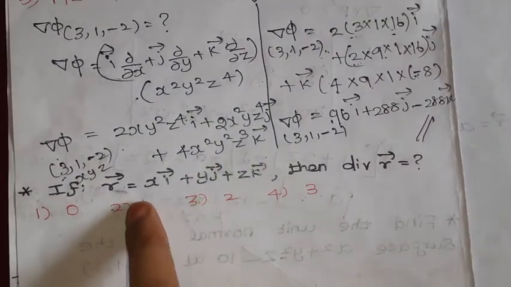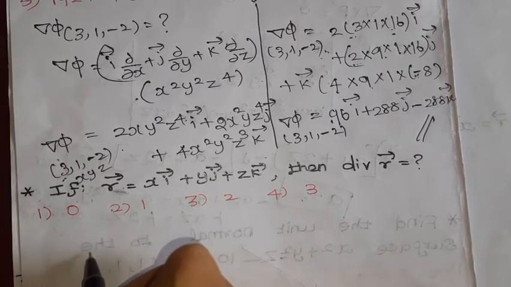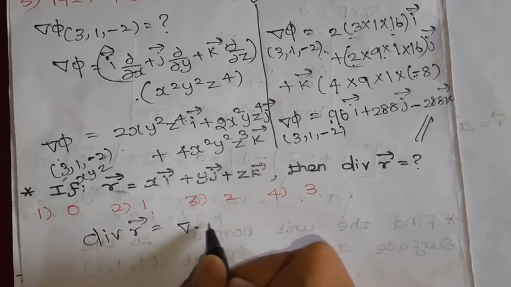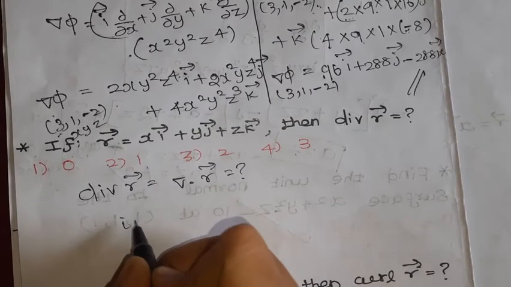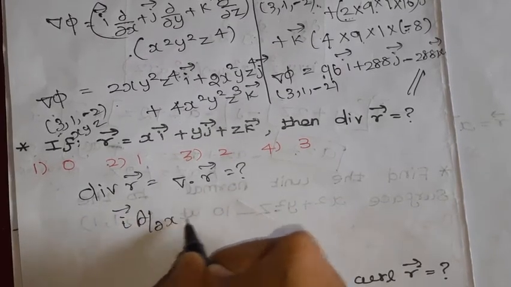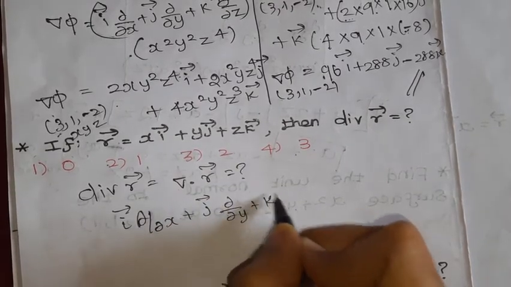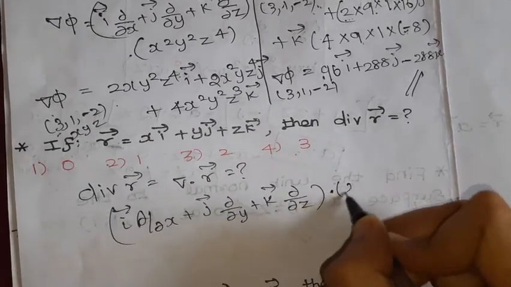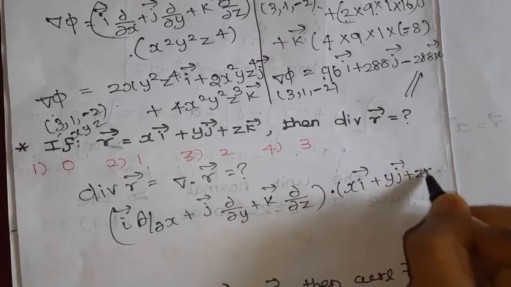R vector is given as xi plus yj plus zk, then the divergence of R. Divergence of R is equal to del dot R. Same thing we need to find out. So del is i into dou by dou x plus j into dou by dou y plus k into dou by dou z, dotted with R vector xi plus yj plus zk.